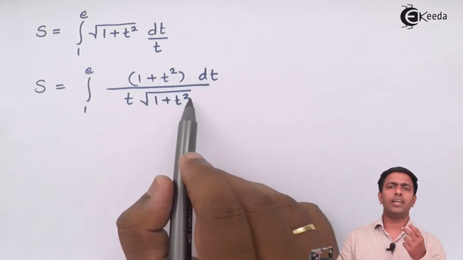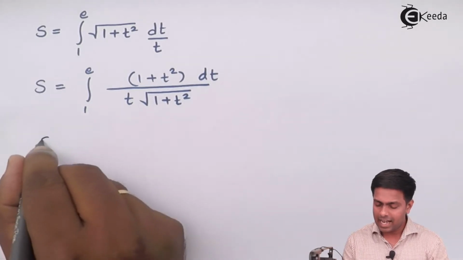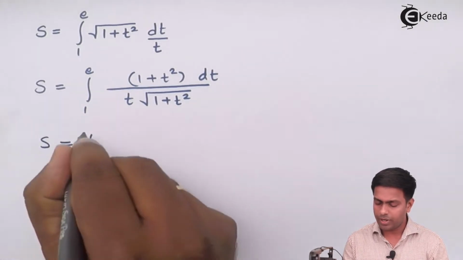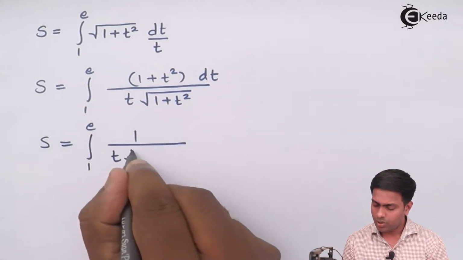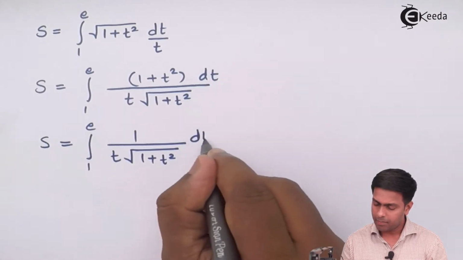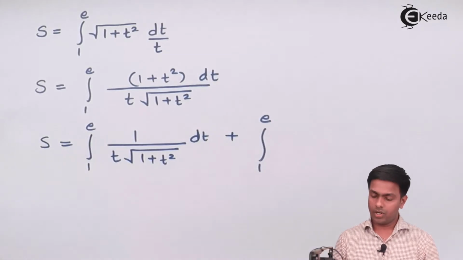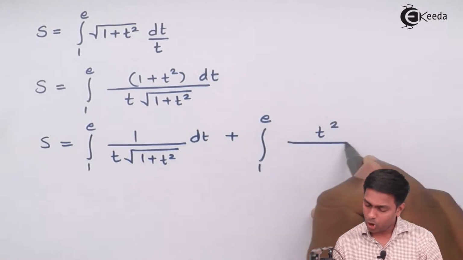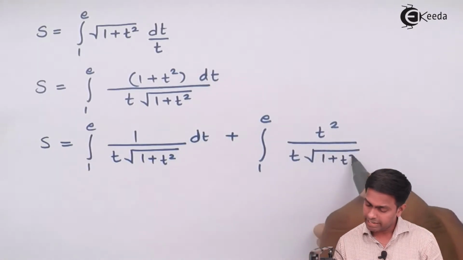It means I'll divide numerator separately with the denominator. So here I'll get s as integration 1 to e, 1 upon t under root 1 plus t square dt, plus integration 1 to e, t square upon t into under root 1 plus t square dt.